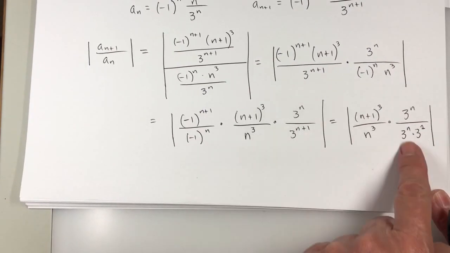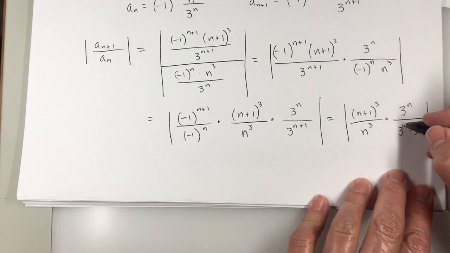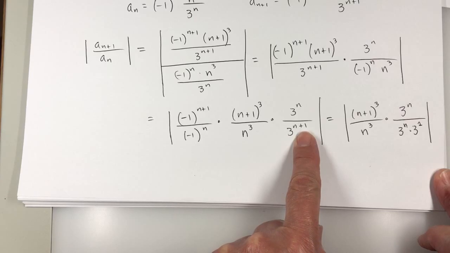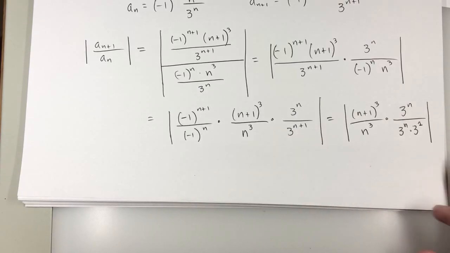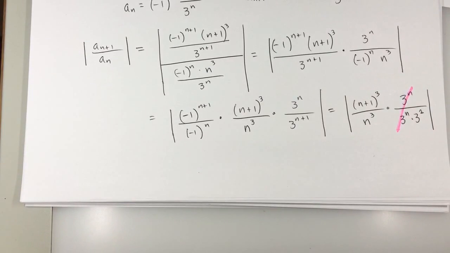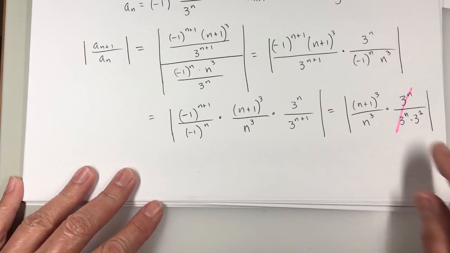Because of my exponent rules, here I have the same base. I would add n plus 1, I get n plus 1. You could also use the exponent rule and subtract the exponents. However you do it, those cancel, 3 to the n over 3 to the n, and I'm going to be left with 1 over 3.